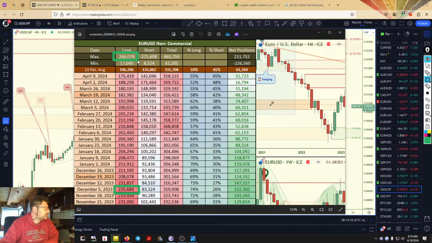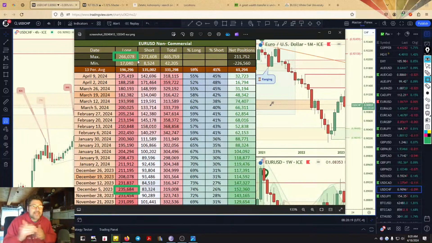So even though there were times where price action on the euro was looking very bullish, and people were like, oh, it's looking very strong. Right, but the banks are near their maxed out long positions. They're not going to add any more. Yes, there's a chance sometimes that they'll reach maximum size and surpass it, but that doesn't happen very often.